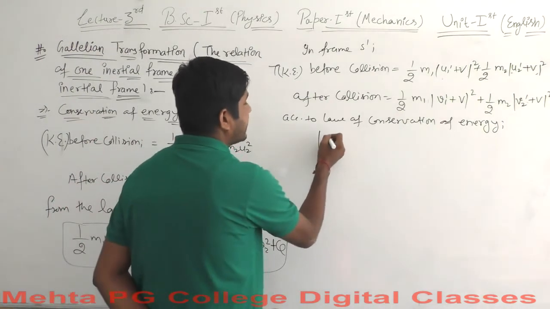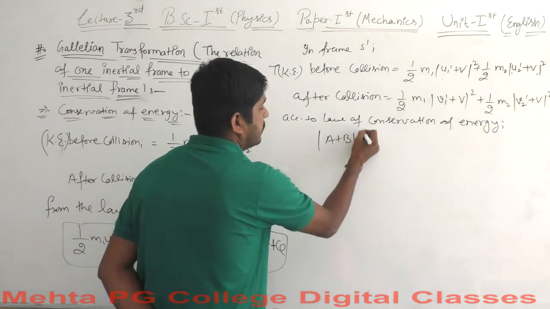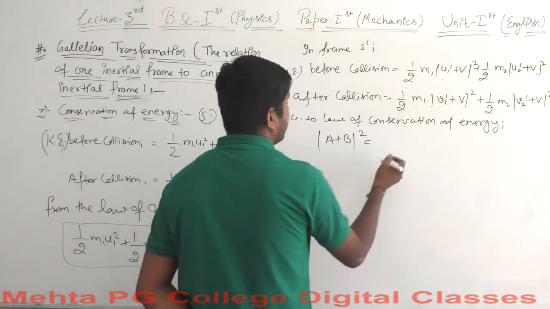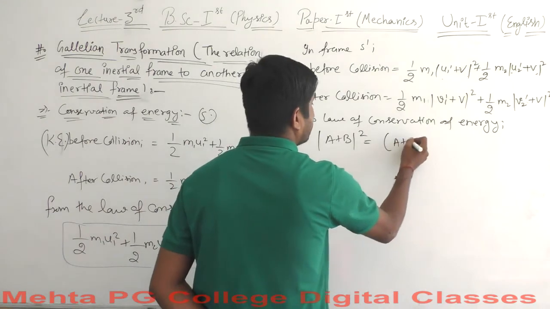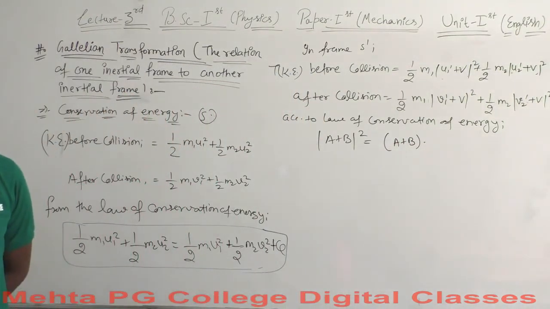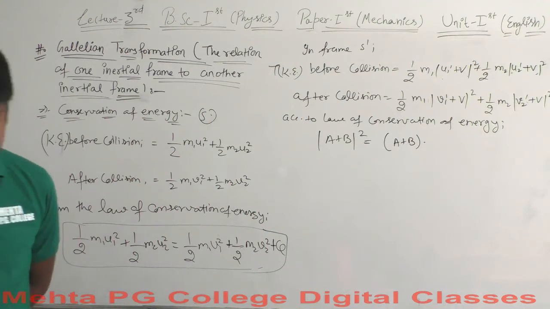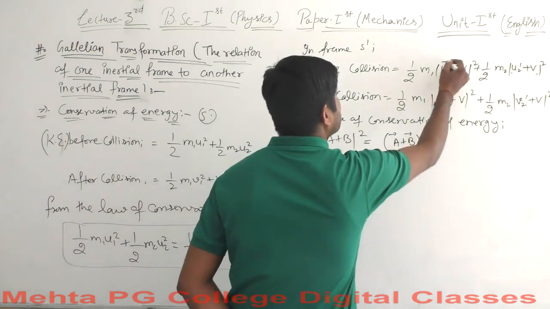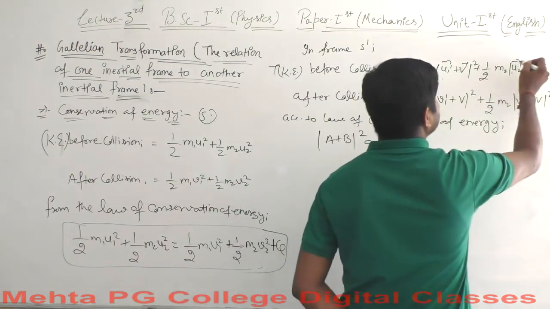Remember a vector identity saying the square of these kind of magnitudes, what will it be? It will be a plus b dot, well, these are the vector quantities. Sorry, these are vector quantities here.